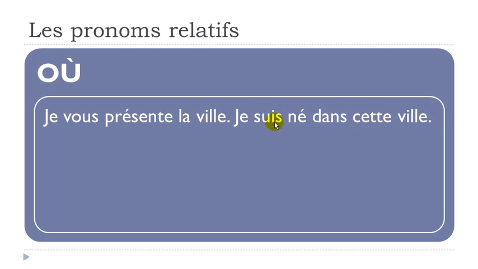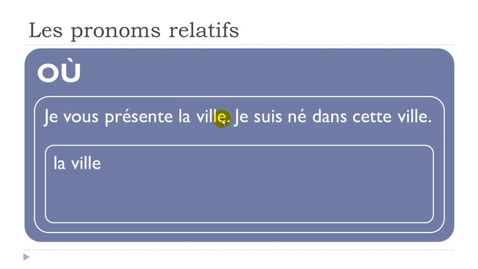You've got cette ville and la ville, so probably that's the thing we don't want to repeat. And then here we get dans, so it's in. So you know that it's a place. It's what we call complément de lieu. So it's a place.